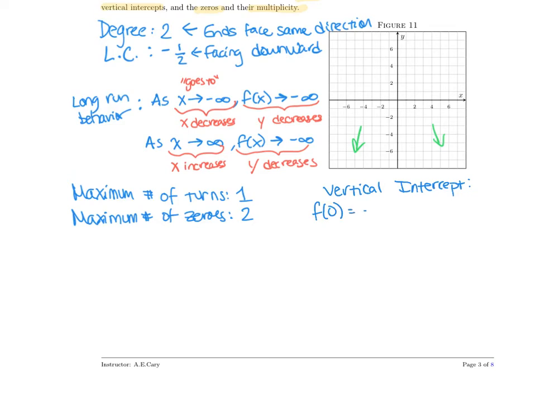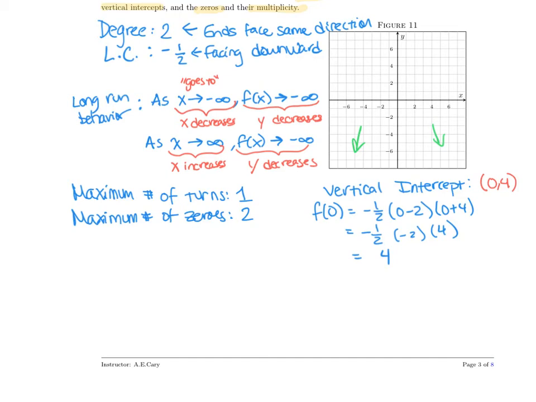So that's going to look like negative 1/2 times 0 minus 2 times 0 plus 4, or negative 1/2 times negative 2 times 4. And that's going to give us 4. Don't leave it here. I do want you to take the extra moment and write it as a point. So 0, 4, there we go. So that's our y-intercept, or vertical intercept.